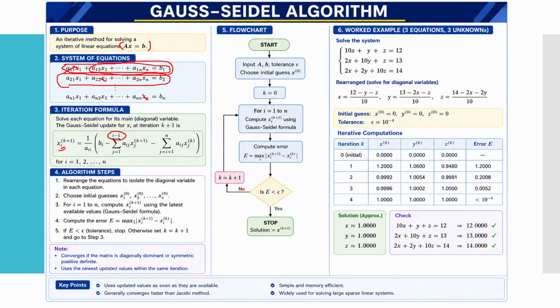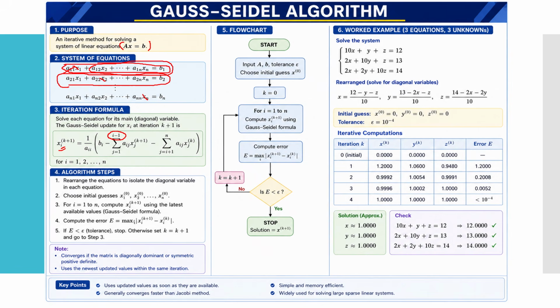Again, when we are calculating x3, we have already calculated the new x1 and x2, so we use the updated versions of the variables. That makes this scheme approach the desired solution quickly.